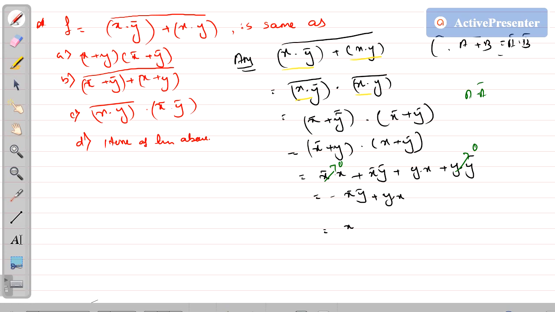With further simplification you can do x plus y bar plus y bar plus x bar. You can go on solving this, but you are not getting any answer here, so the answer will be none of the above.